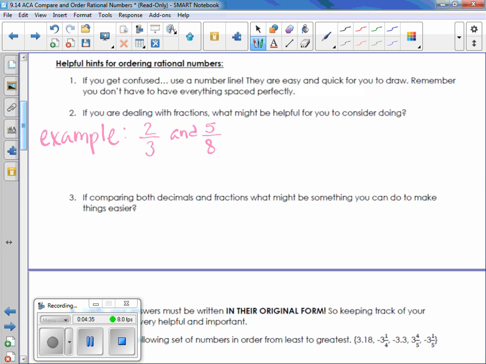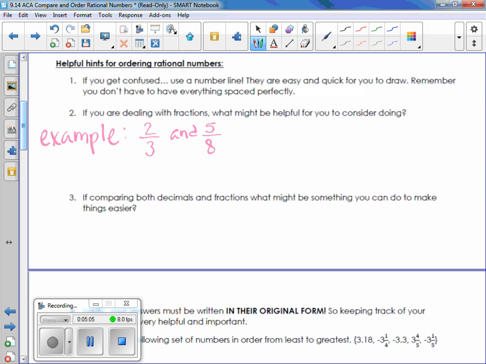Because sometimes with fractions, like 1/4 and 1/2, is it easy to tell which one's bigger? Yes. Those are ones that you can logic and weigh out. But with these, 2/3 is more than half of 3, and 5/8 is more than half of 8, right? So they're both a little bit bigger than 1/2, but which one's bigger? They're pretty close, right? So how can we compare those and know for sure that our answer's right?